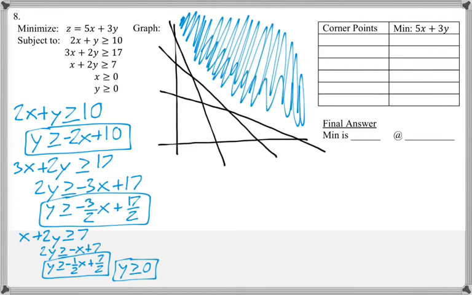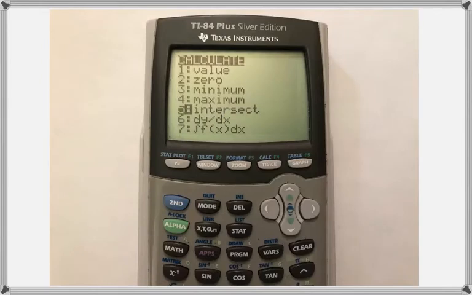So my corner points are here, here, and then these two. So I have 4 corner points that I need to find. I want to use the intersection command on my calculator to find the corner points. So I need to do second calc or trace to get to the intersection command.